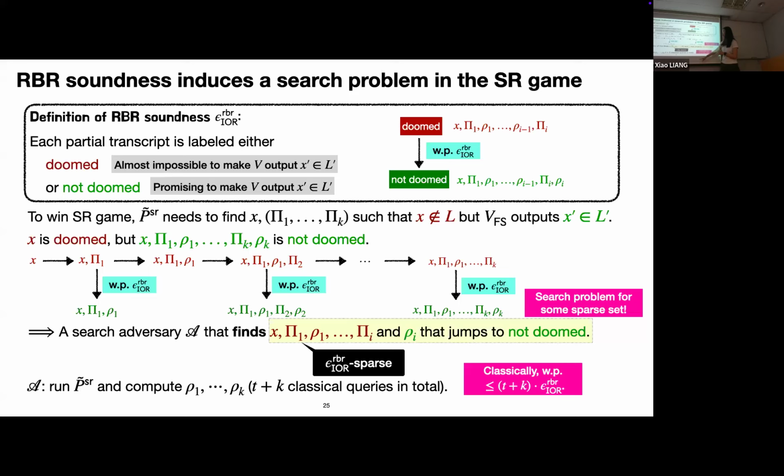We care about the exact query complexity of A because that's related to the probability that it could find the transcript at the end. So this is about how many queries it's making. In the actual construction of A, it also needs to compute doomed or not, but computing these doesn't make any additional queries.